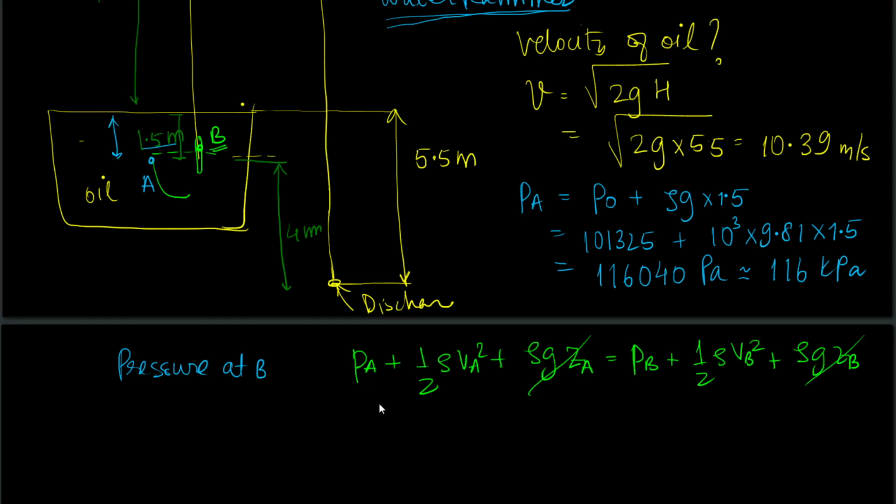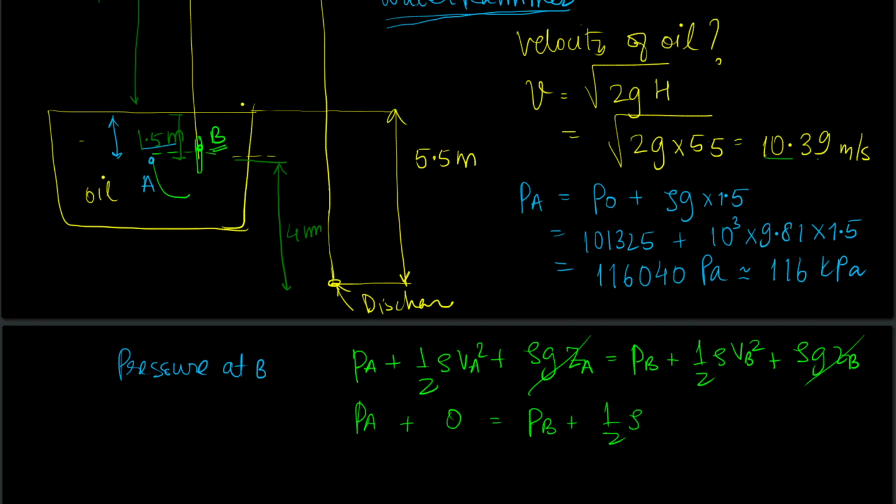Moreover, PA we know, VA is approximately equal to 0, so this is PB plus half rho VB squared, and VB we've already found out to be, let's say, 10.4 meters per second.